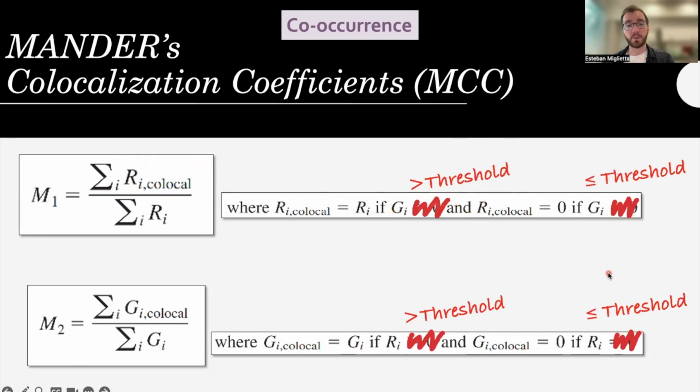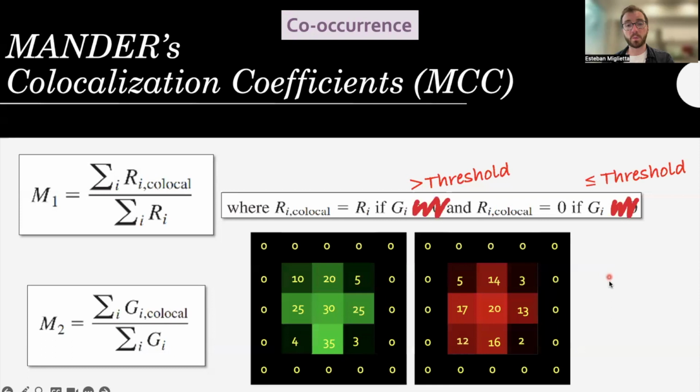Let's see how this works with an example. So here we have these two images. In green and red, we see that they have different values for each pixel, represented here in yellow within each one. And we want to see which pixels will be used for calculating M1 and M2.